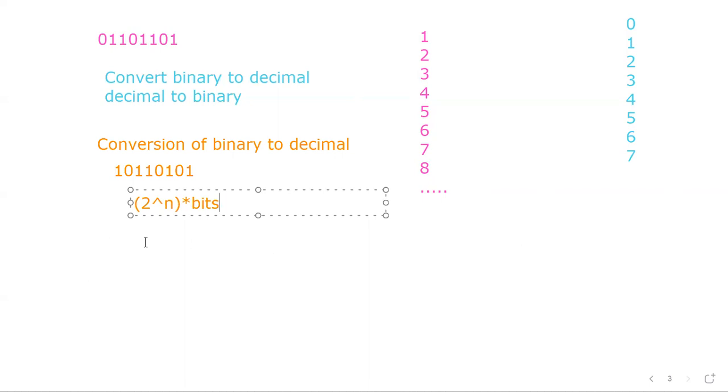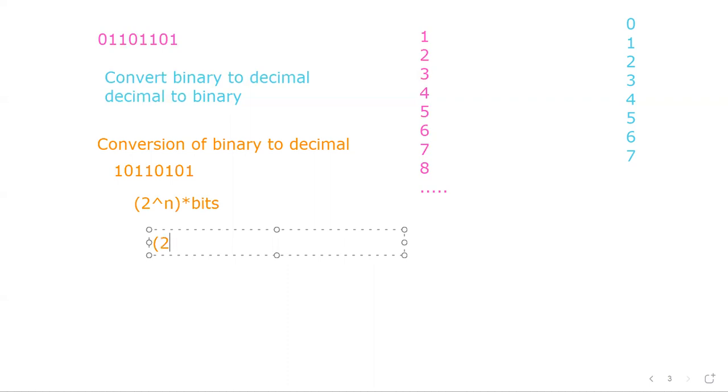Let me start. 2 to the power 0 into our first bit, which is the last bit, 1.